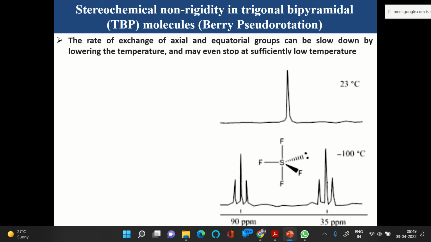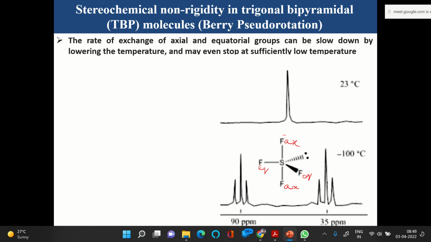You can see this: you have two axial fluorines and two equatorial fluorine atoms. So the environment is different, but if you conduct the NMR at room temperature, 23 degrees Celsius, you are getting only one signal.